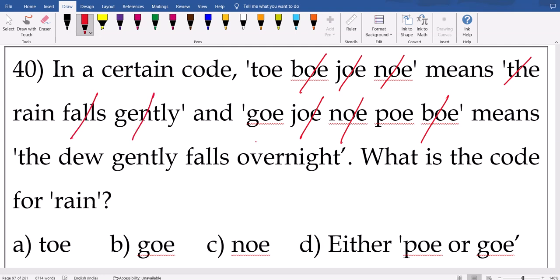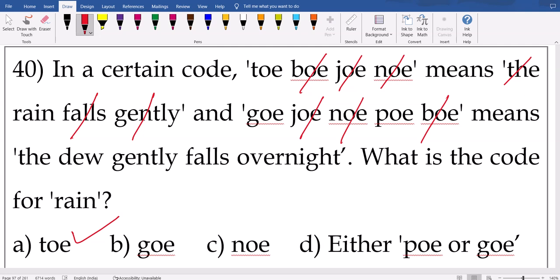Then rain will be nothing but TOE. There is no issue, they give only two things, but if you compare, except rain, all the remaining are common in both, so those will be eliminated. Then we can go ahead with only option A, TOE.